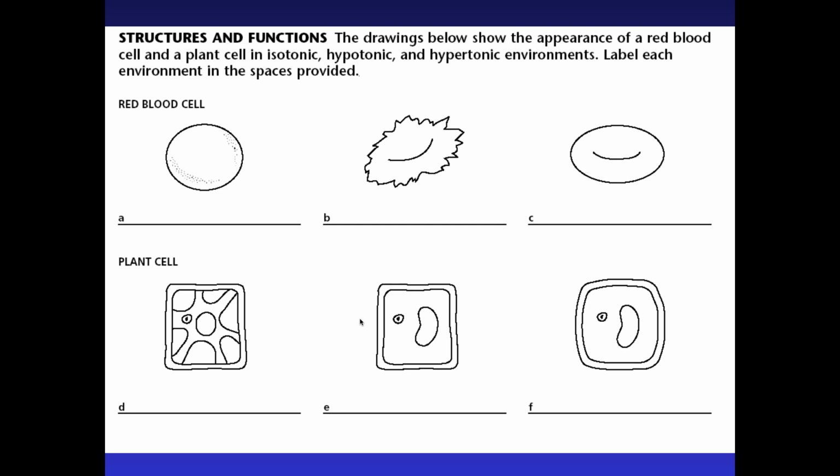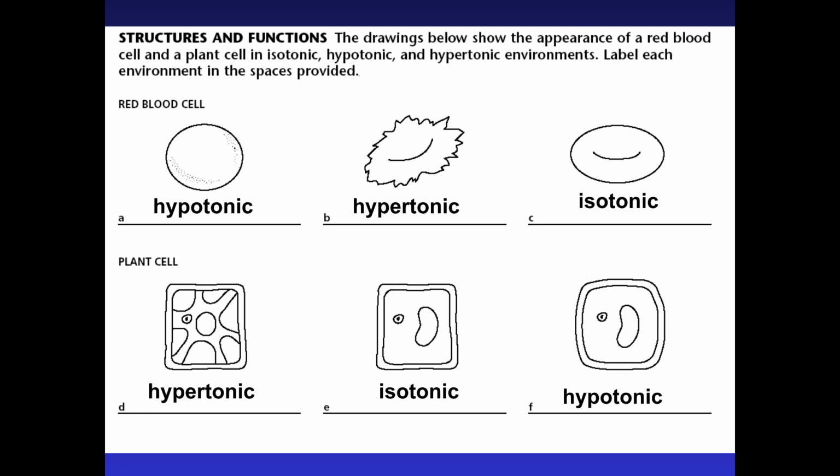So in the middle here, we've got our isotonic one. It looks normal. This one looks a bit expanded, so this one will be our hypotonic. This one looks a bit stressed out. It will be our hyper. Let's see if we're right. Hypo, yep. Hyper, yep. Isotonic, yep. Hyper is kind of shriveling up a bit. Iso, hypo. Good.